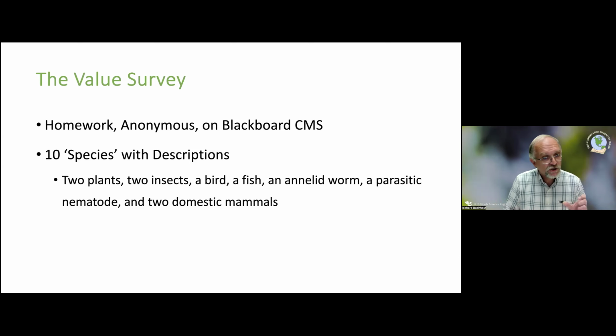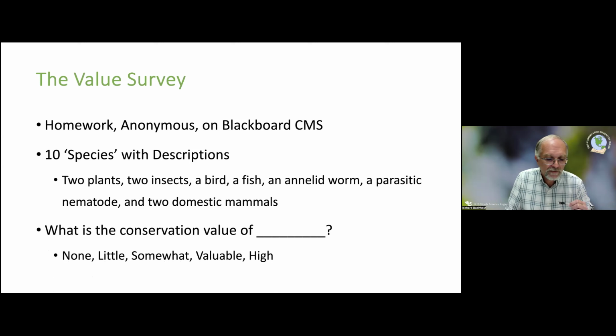And then 2 examples of domestic mammals. I've chosen these quite carefully, and I'll tell you a little bit more about that later.